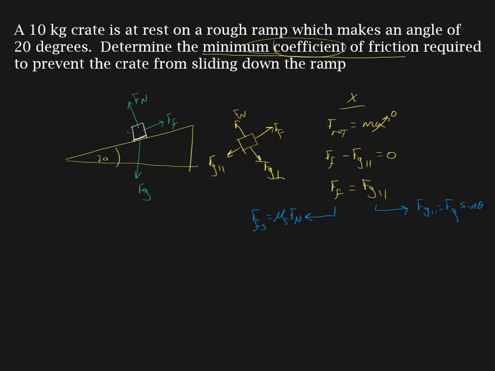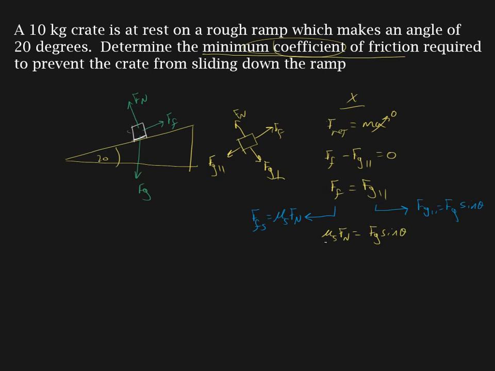We're looking for the minimum, and so we use the limiting case where the maximum possible force has to be equal to this. All right, so we rewrite and we get mu sub s times the normal force is equal to Fg sine of theta.